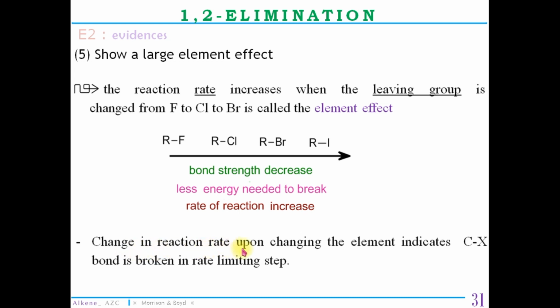Change in reaction rate upon changing the element indicates carbon-halogen bond is broken in the rate limiting step. It means when you perform a reaction using alkyl chloride and a second reaction using alkyl bromide in the same reaction condition, and if both reactants give different reaction rates, it indicates the carbon-halogen bond is participating in the rate limiting step.